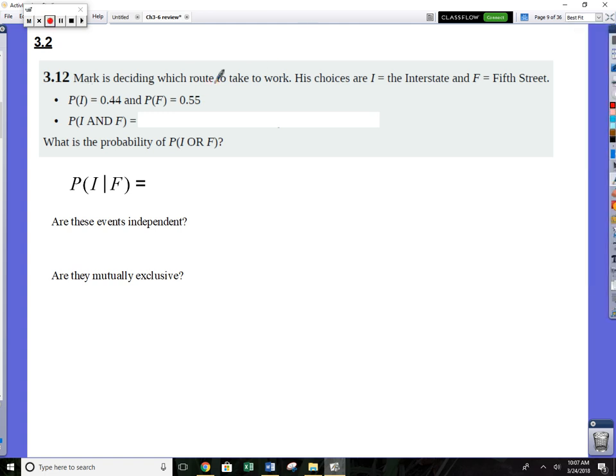Okay, this next one. Mark is deciding which route to take for work. His choices are the interstate and 5th Street. God, that probably should not be an and. That should be an or.